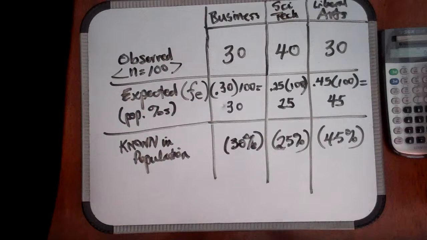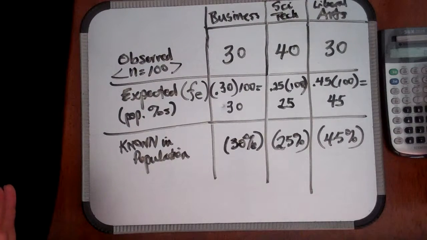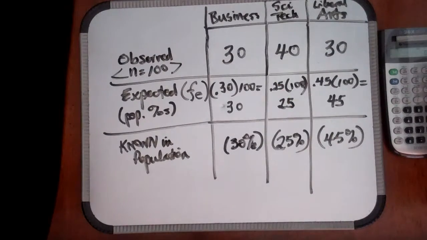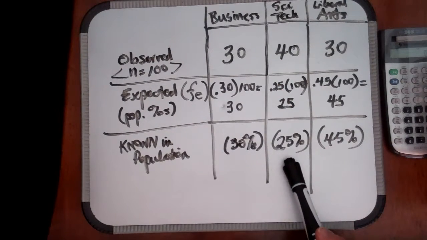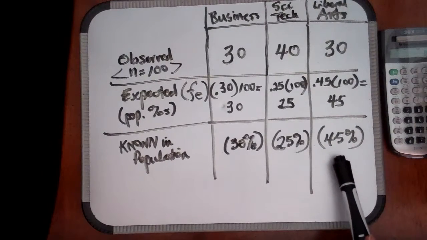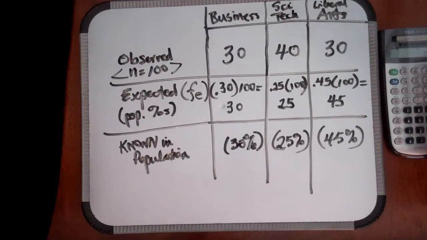So here's the situation. In the population, that is all undergraduate students in the United States, let's just imagine that it's been reported that across all universities, approximately 30% of students major in business-related areas, approximately 25% major in science and technology-related areas, and approximately 45% major in liberal arts-related areas.